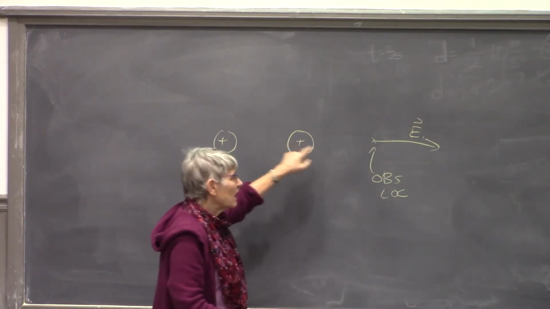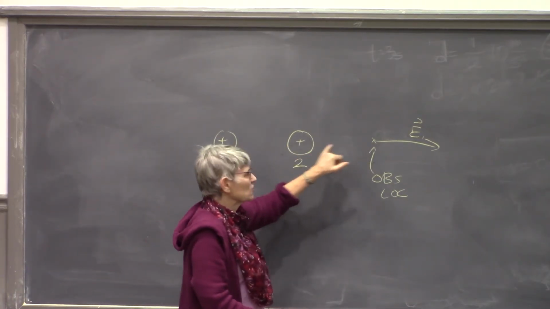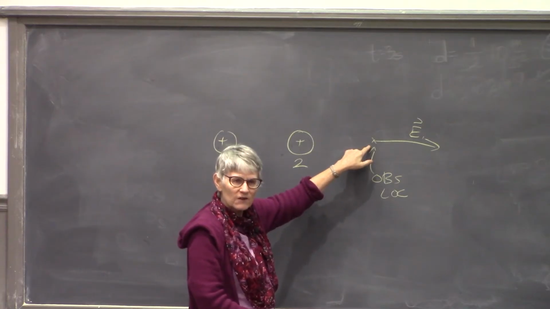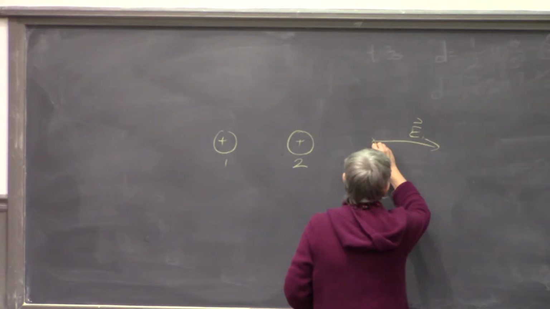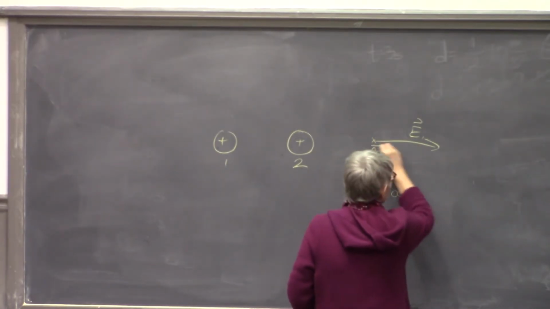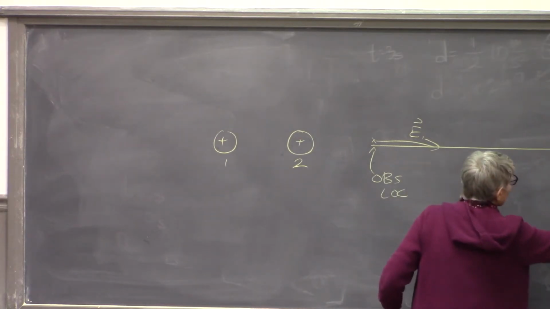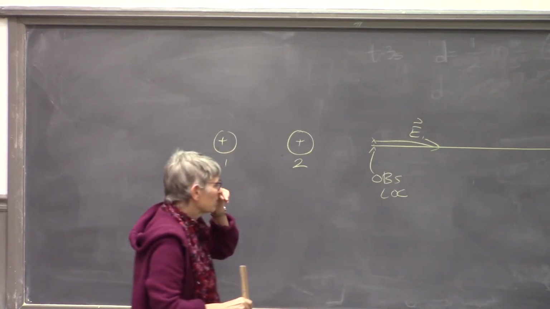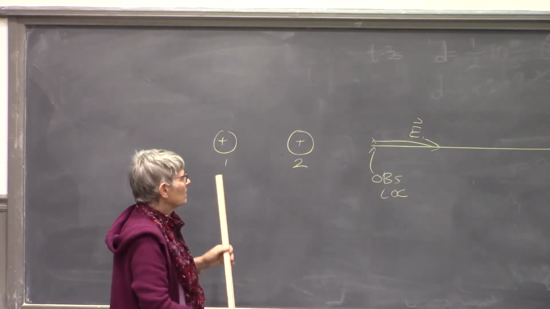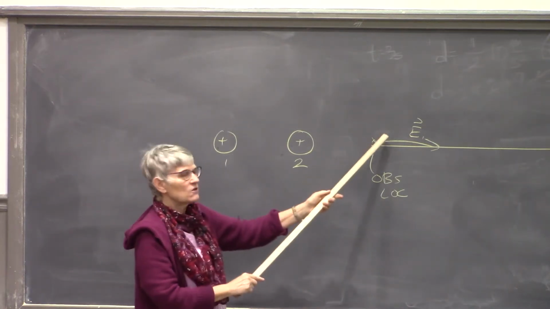Now, the net field here is going to be different because this charge is also contributing a field here. And since it's twice as close, that contribution, if they're the same charge, should be 4 times as big. But it didn't change E1.